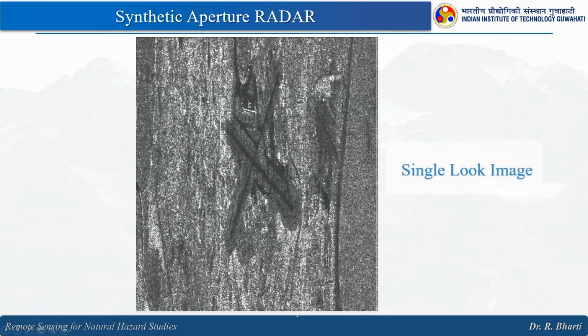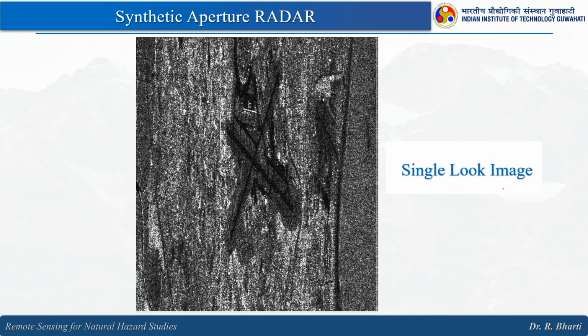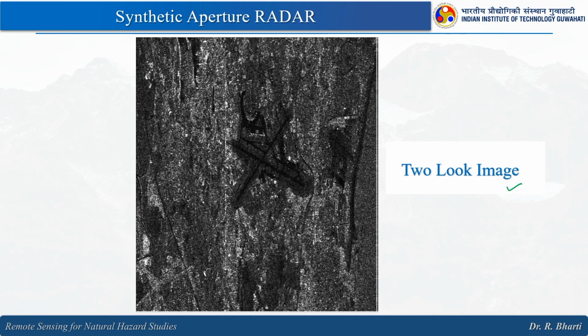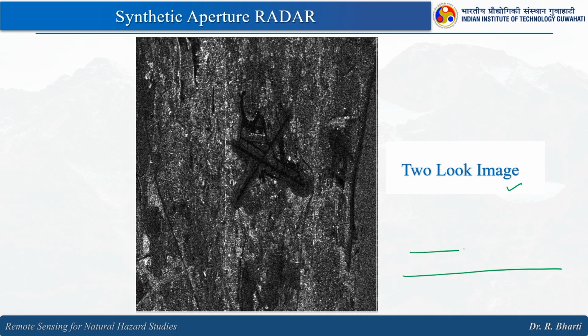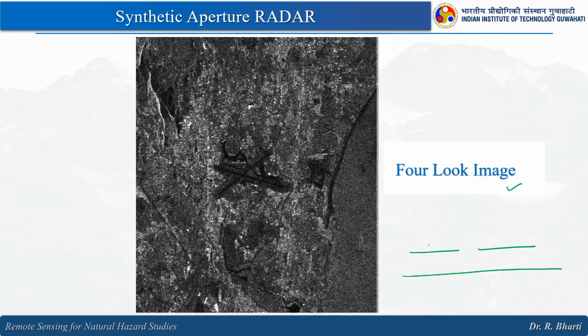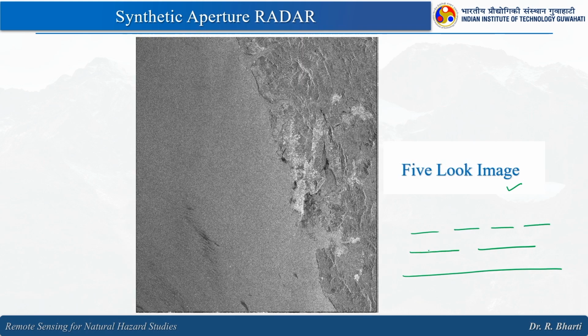This is the example of a single look image. You see from one measurement how this particular target looks. Focus on this. Here you see this kind of feature is present. Keep on watching this particular object. Earlier it was single look, this is with 2, this is with 4 and this is with 5.